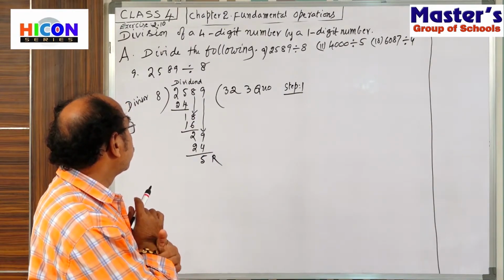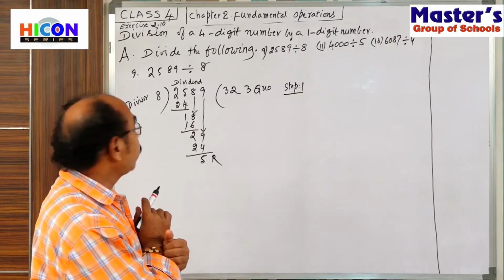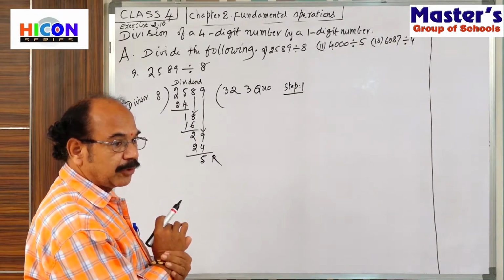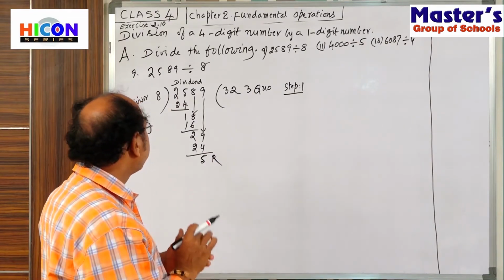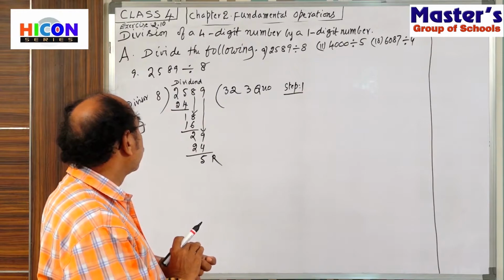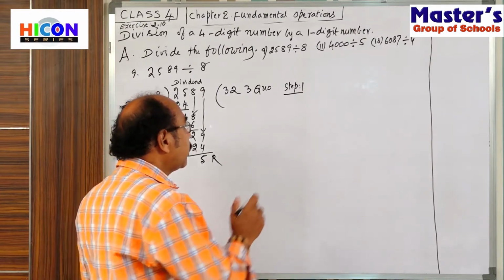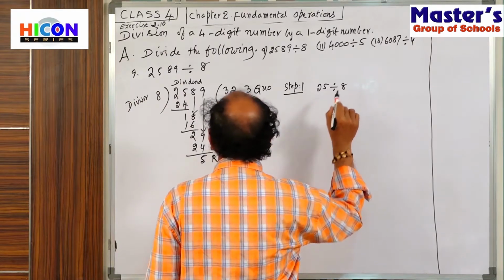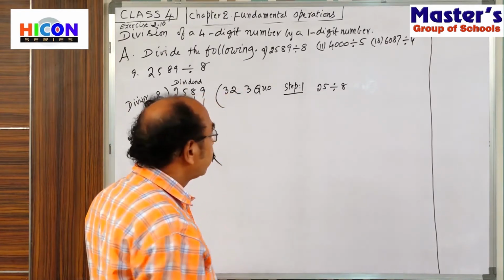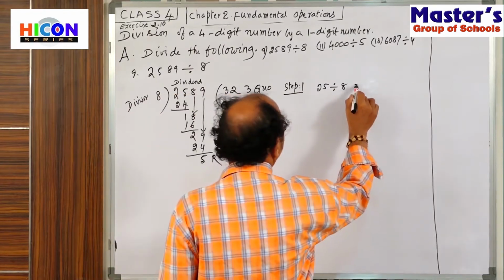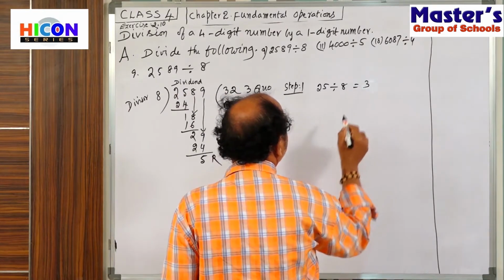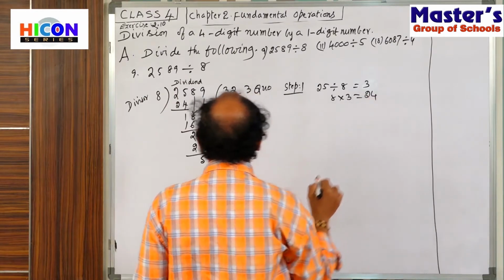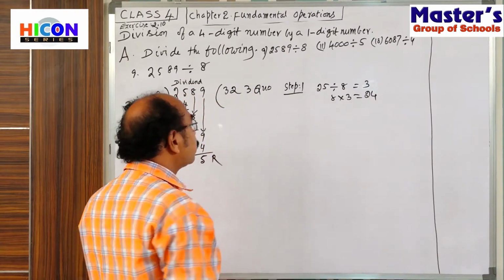That's why you take 25. 25 is a greater number. That's why 25 is divided by 8. How many times? 3 times. 8 3s are how much? 24. That's why 3 times we write.